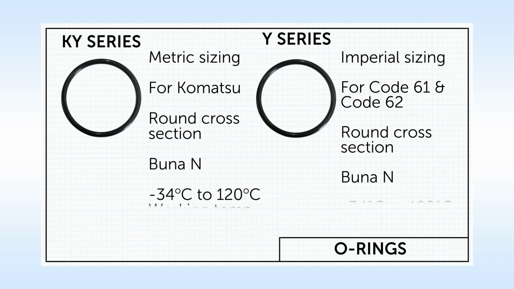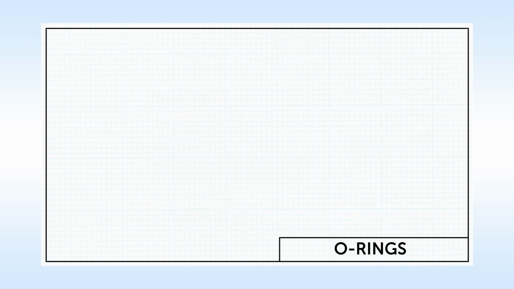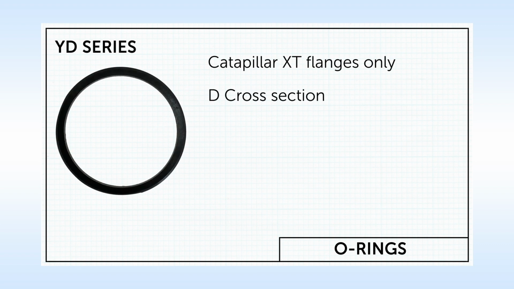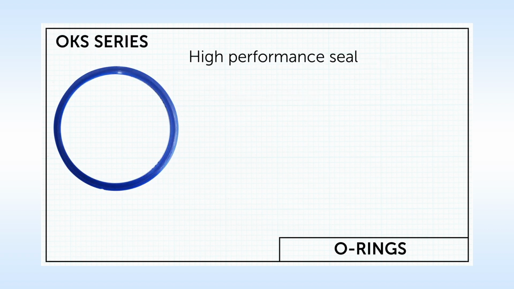All these have a round cross-section manufactured from Buna N and have a working temperature range of -34 degrees Celsius to 120 degrees Celsius. The YD series of O-rings are for genuine Caterpillar XT flanges only. These have a D cross-section. Also listed are the OKS series high performance seal.